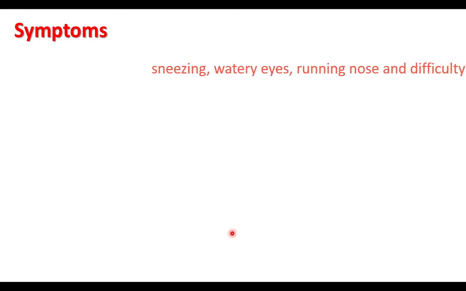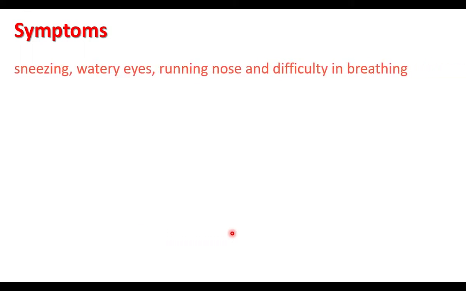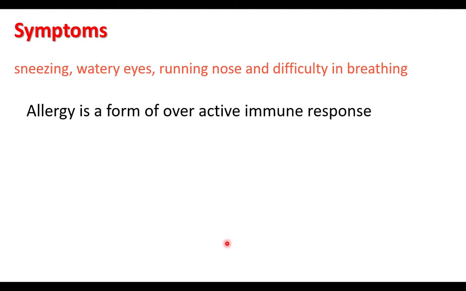The symptoms of allergy include skin rashes, sometimes vomiting, sneezing, watery eyes, running nose, difficulty in breathing, and various other symptoms. Allergy is a form of overactive immune response mediated by IgE and mast cells.